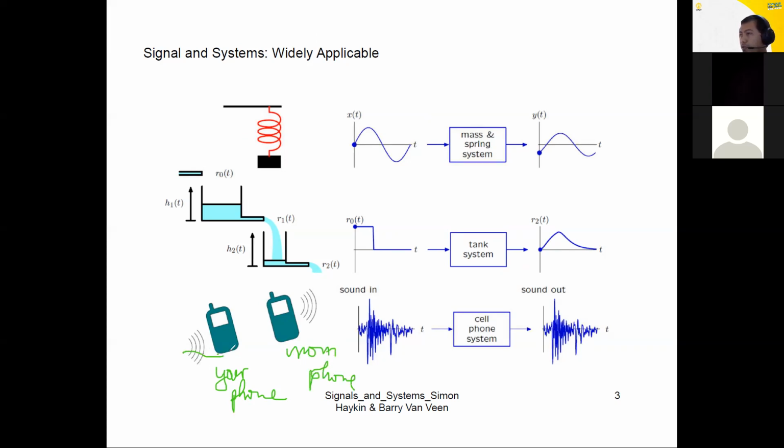You are talking to this phone, and this signal is transmitted through the cellular network, and your voice comes out of your mom's phone so that she can hear your voice.